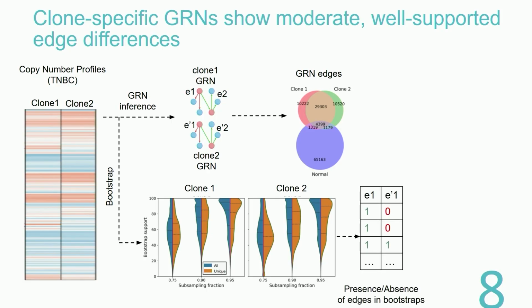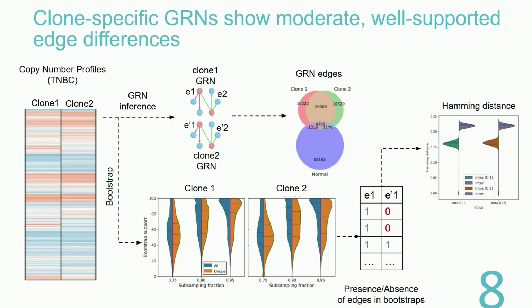Now we can represent these bootstrap edges as binary vectors, where if you have an edge E1, you'd have 1 if it's present in a specific bootstrap, and it would be 0 if it's not present in that specific bootstrap. So if you have 100 GRNs, if it's present in one GRN, it has a value of 1. If it's not present, it has a value of 0.